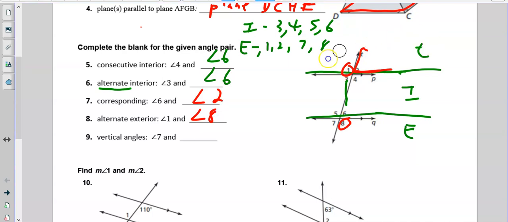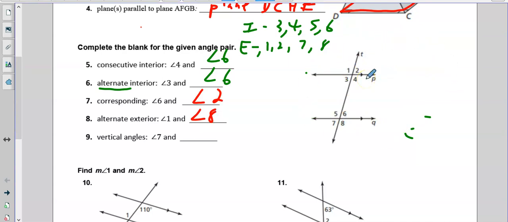Vertical angles, angle 7. Remember, vertical angles are formed by basically intersecting lines, an X. So 7 and 6 and 5 and 8 are vertical angles. Well, they're giving us 7, so there's the popular 6 again for an answer.